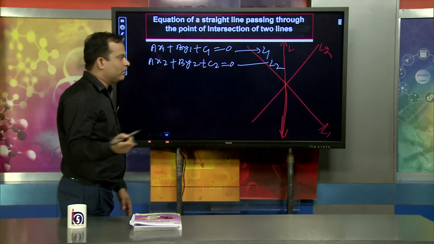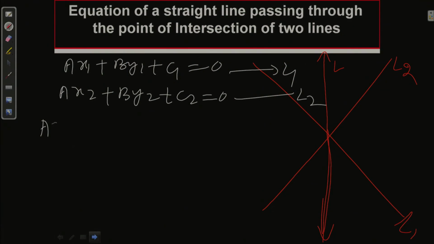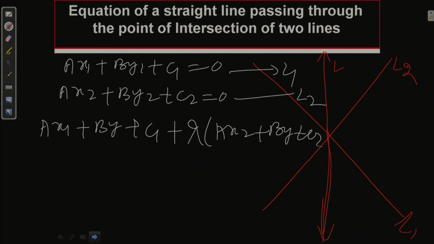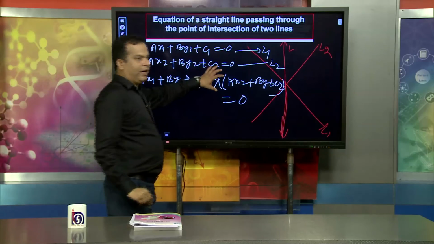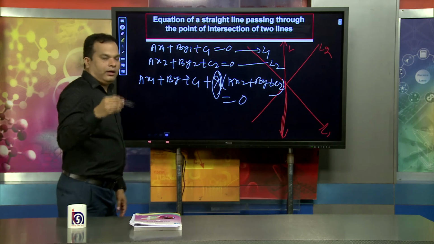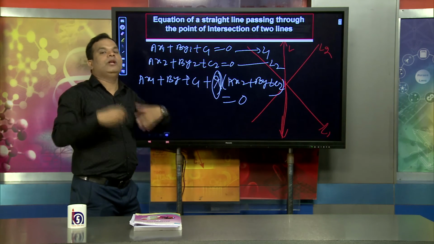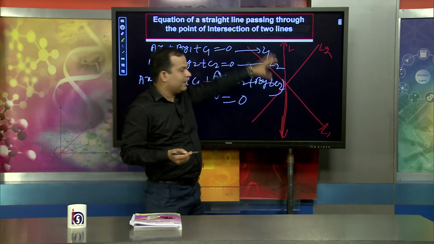Now the equation of straight line L will be a1x plus b1y plus c1 plus lambda into a2x plus b2y plus c2 equal to 0, where lambda is a constant. Now we have to find the value of lambda, and then put this lambda value in the equation of L to find the equation of straight line L.